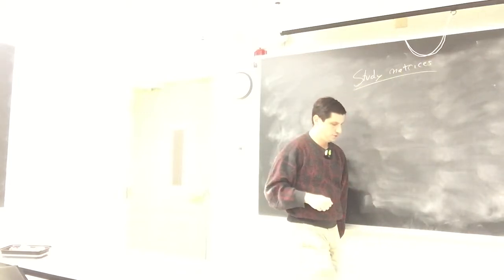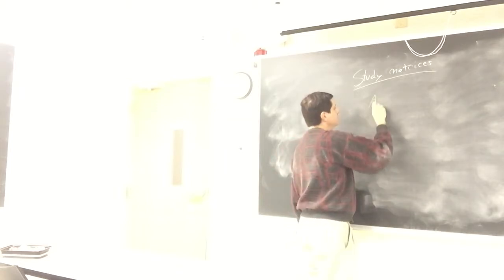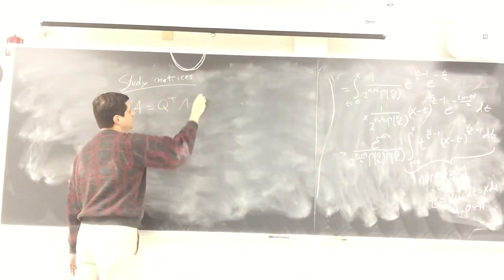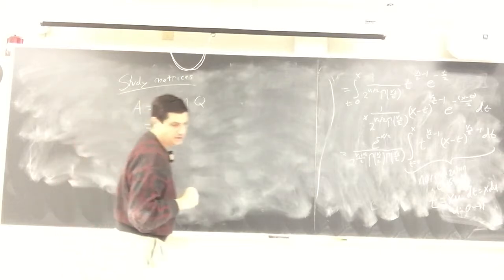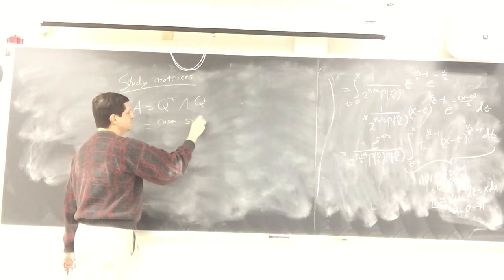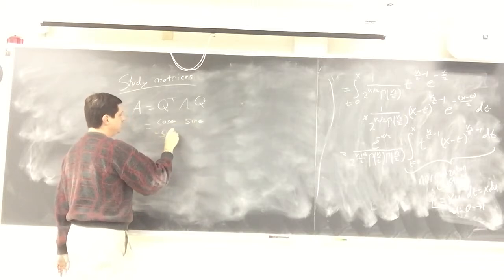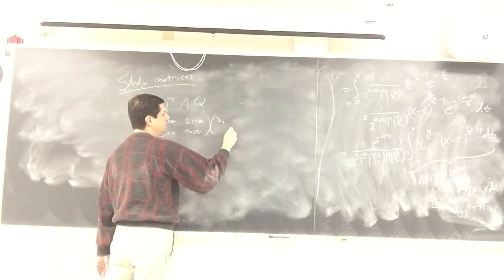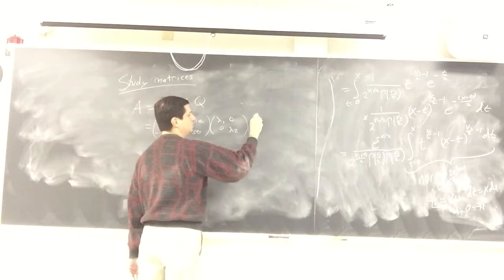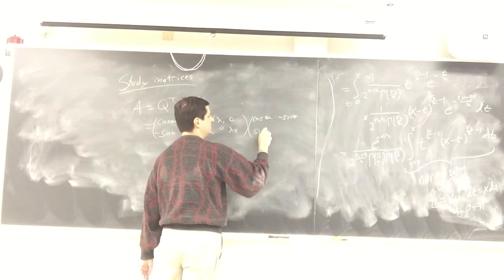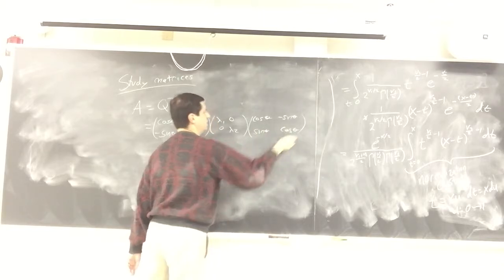Okay, and so given a matrix A, I just want to do things consistently with the book. I'm doing it Q transpose lambda Q, and so here I'm putting the minus sign down below. So it's cosine theta, sine theta, minus sine theta, cosine theta, times lambda 1, lambda 2, 0, 0, times cosine theta, minus sine theta, sine theta, cosine theta.